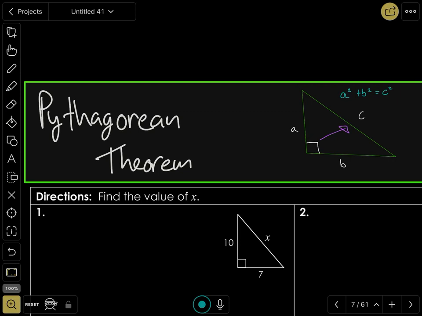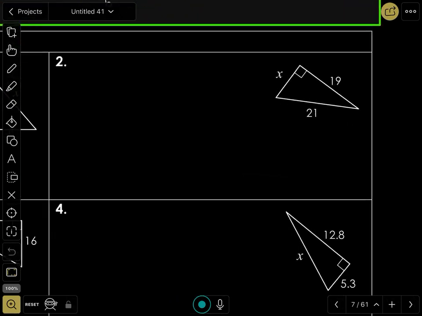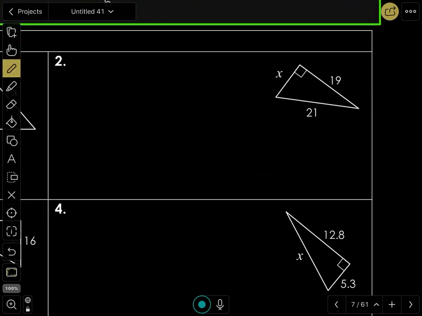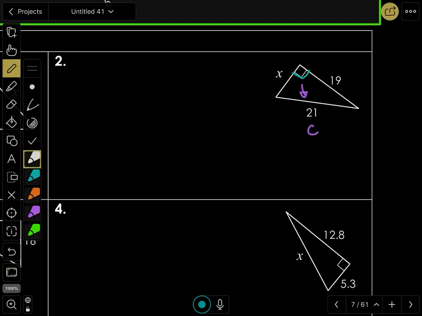So what I want to do is just take a look at a couple examples. Down here, if we look at number 2, I'm going to identify my right angle. Here it is, and go right across. And this is C, so I know that I will have x squared plus 19 squared is equal to 21 squared.